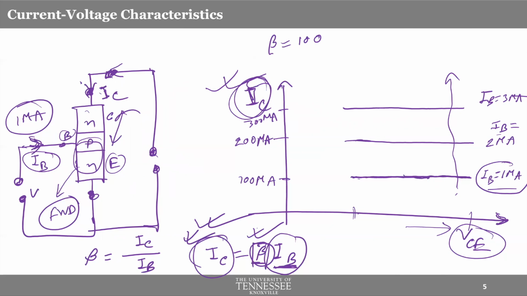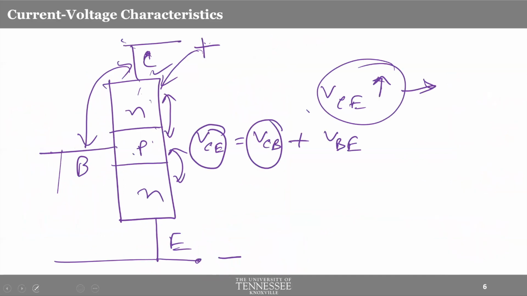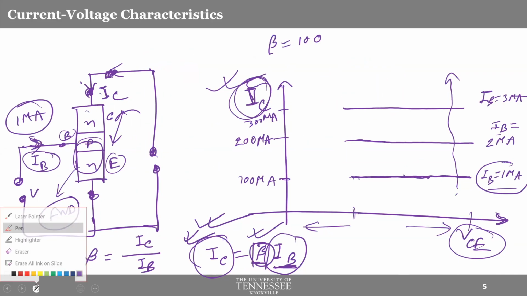Now, you might have noticed that I haven't been drawing the VCE below a certain level. And there is a reason for that. When VCE becomes small, the reverse bias that we used to get across the, let me actually change my pen color here, that way it will be easier, because there are too many markings.